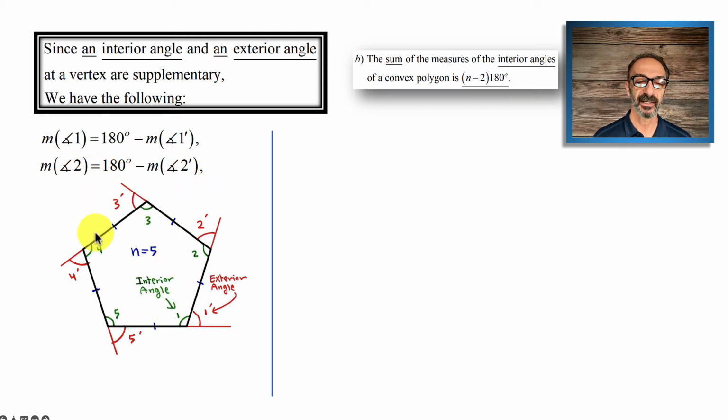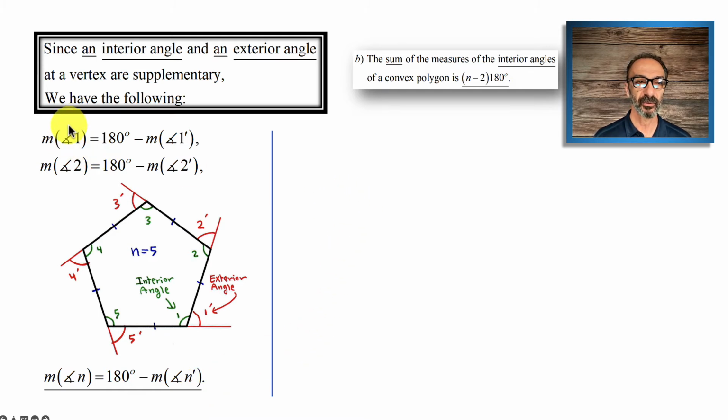If we keep doing that, and it doesn't have to be 5, all the way to an n-sided polygon, we end up with the measure of angle n equals 180 minus the measure of angle n prime, the exterior angle next to it.